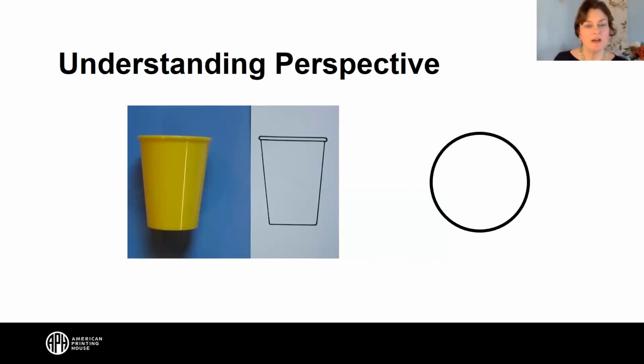Understanding perspective. I have here the cup from tactile setting the stage next to the tactile image of the side view of the cup. So what's interesting here is I wanted to point out that our drawings can be tainted or heavily influenced by how we visually perceive an object. If you ask most people to draw a cup, this is probably what they'll generate.